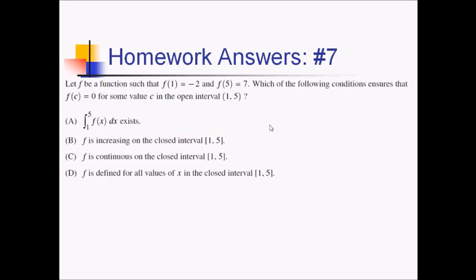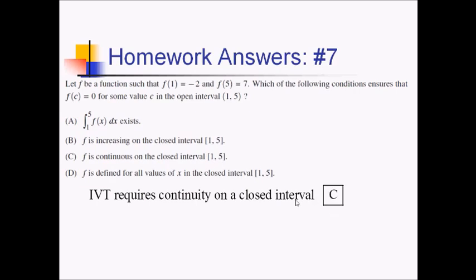So in order to use the intermediate value theorem, that requires that we have continuity on a closed interval. That is always the condition we check for when invoking the IVT. So the answer choice that actually has that is answer choice C. F is continuous on the closed interval from 1 to 5. So right away, answer choice C is what we're looking for.